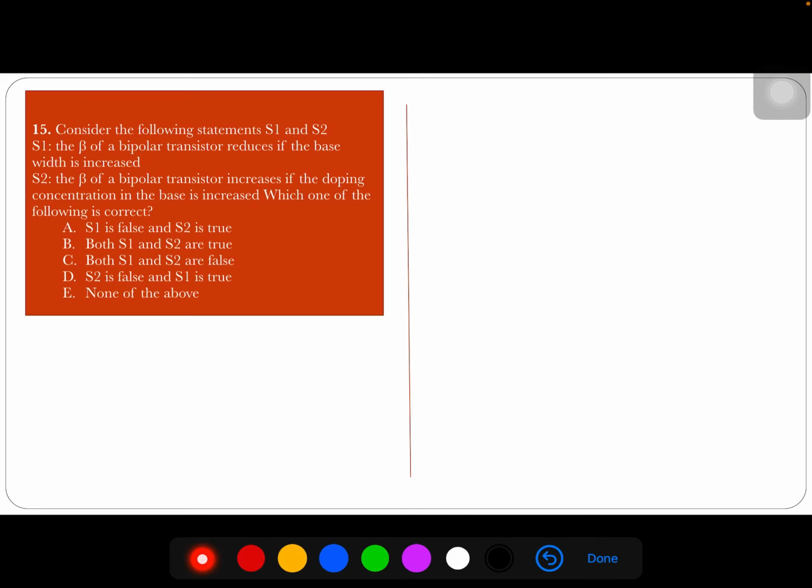Next question. Consider the following statements. First statement is beta of a transistor reduces if the base width is increased. Second statement is beta of a transistor increases if the doping concentration in the base is increased. Which one of the following is correct? First of all, for solving this, we must write down the formula of beta, which is IC upon IB. So basically, beta will increase or decrease depending upon IB, and both are inversely proportional.